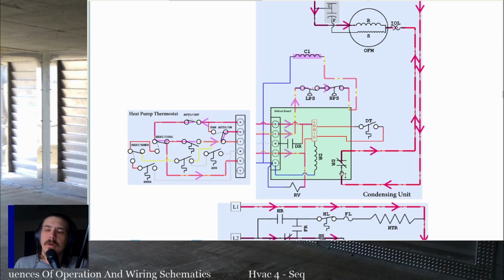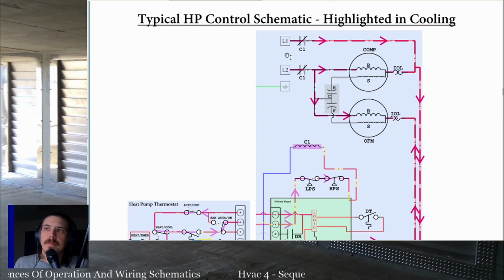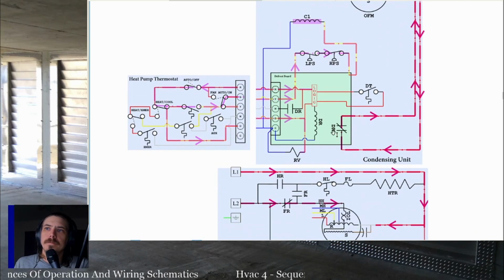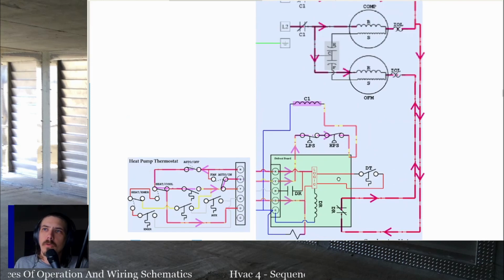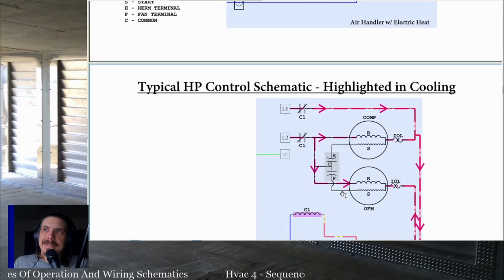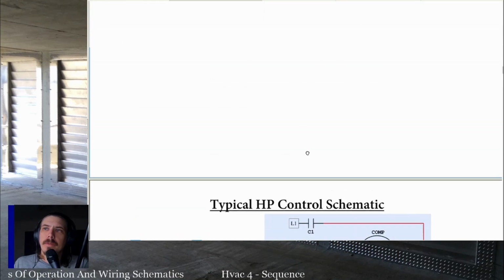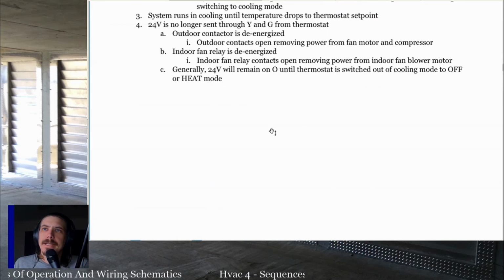There's a relay on the defrost board that powers the outdoor fan motor, and this would open in a defrost mode. But anyway, it goes through that set of contacts, powers the outdoor fan motor. We see O comes through, goes over, and that's powering the reversing valve, putting it in the cooling position. And that is the extent of a heat pump sequence of operation in cooling.